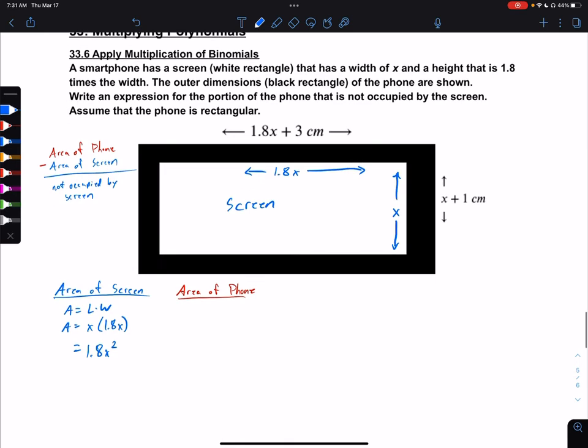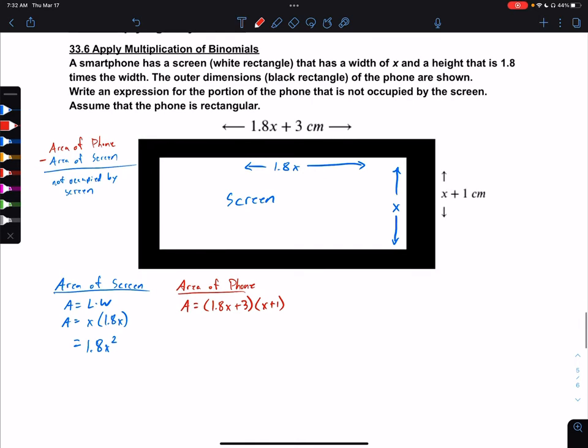So the area of the phone is going to be equal to 1.8x plus 3 times x plus 1. So we're going to have to do some distribution here, which we've been doing all section, so this should not be a problem. You do have the choice of what method you would like to use, but it is up to you. I'm going to rearrange these.